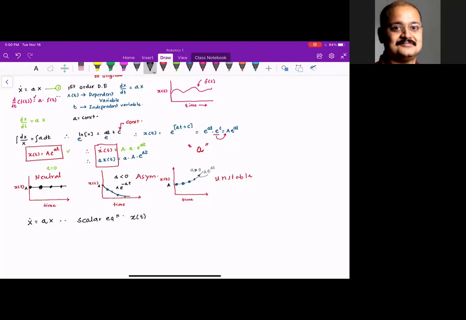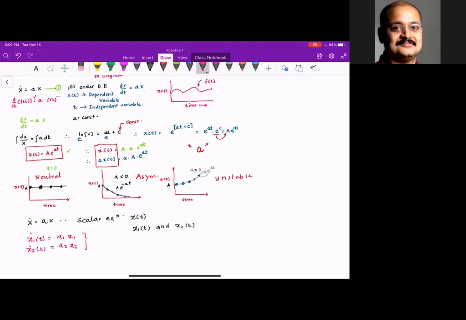Vector means I have x1(t) and x2(t). And this is very important, so everyone please pay attention. So I'm going to write this equation something like x1 dot of t is equal to a1 x1, x2 dot of t is equal to say a2 x2.